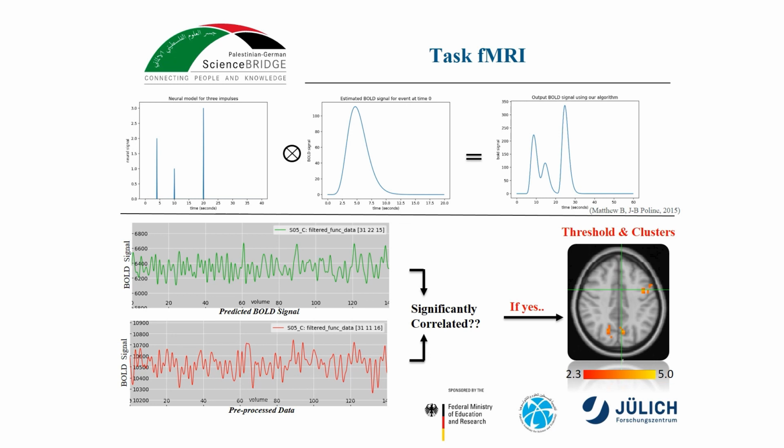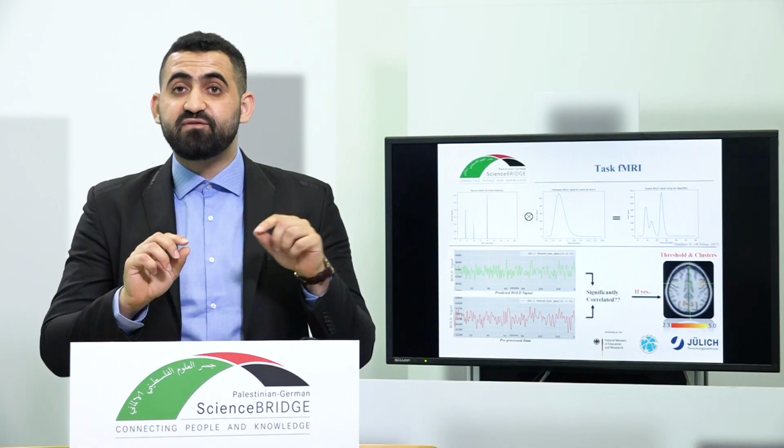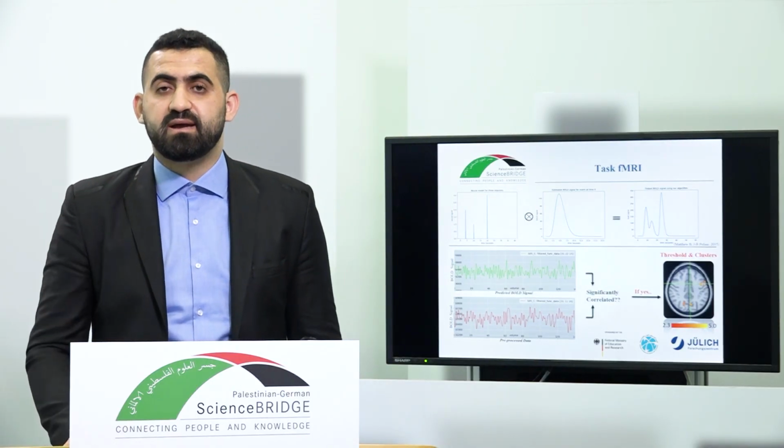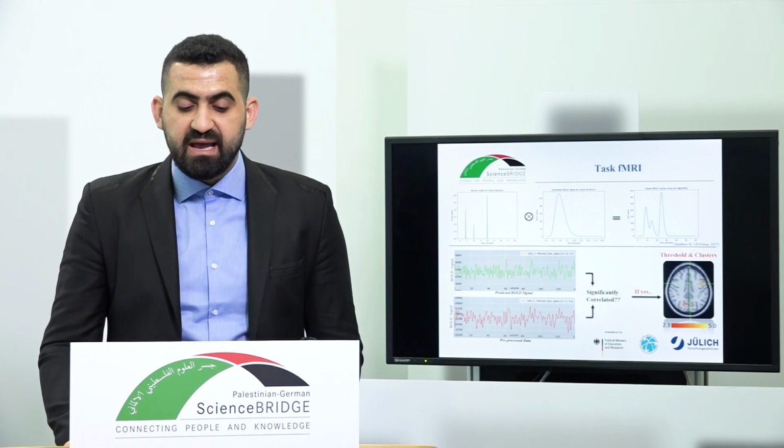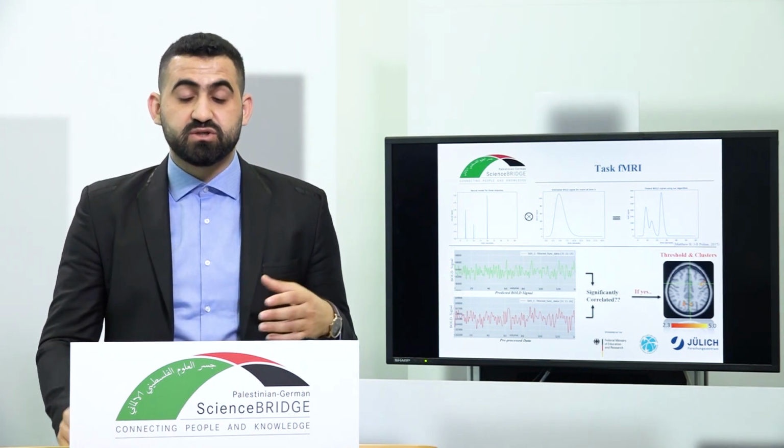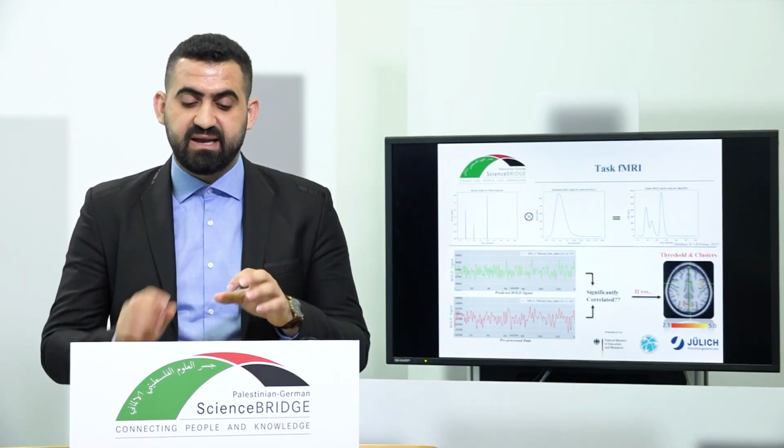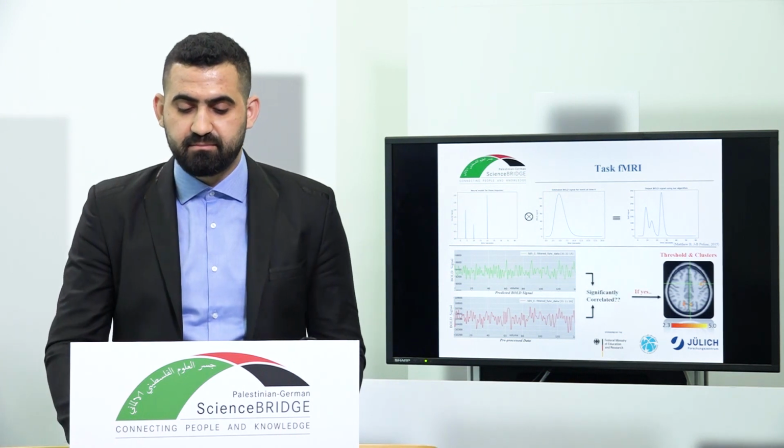So here I'm showing two signals. The green one is, let's say, our model, and the red one is some voxel. Whenever there is a significant correlation between these two signals, it means that voxel is related to the task paradigm. And then we do thresholding and clustering. Then we got some activation in different regions of the brain.